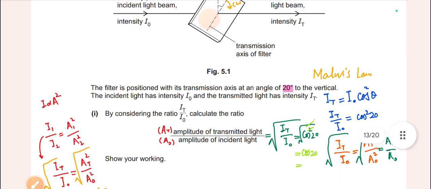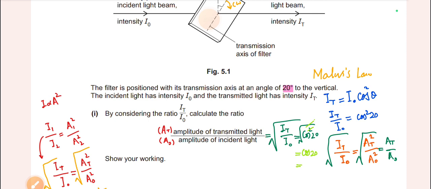The incident light was I naught, that is the actual, and the transmitted light is IT. By considering this, calculate the ratio of amplitudes. This is a really important question actually. This is one of the important questions in this paper. There is always a part which makes the difference between a good and a very good student. It is one of those.